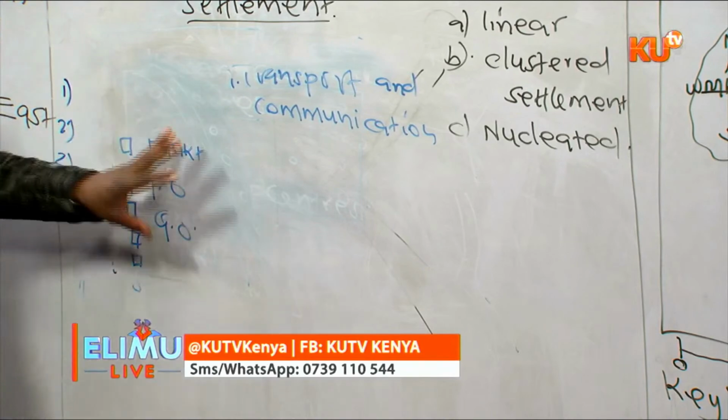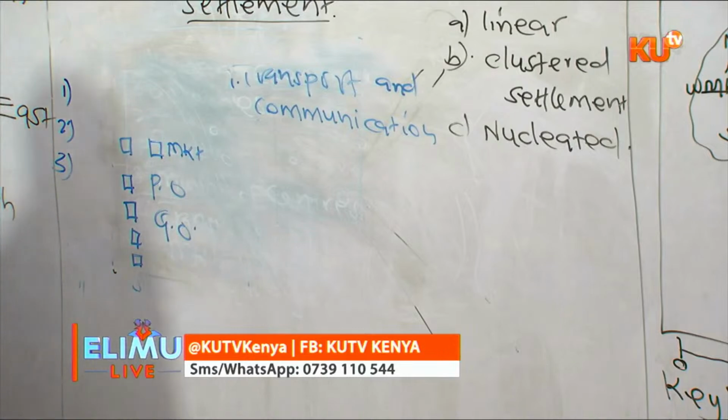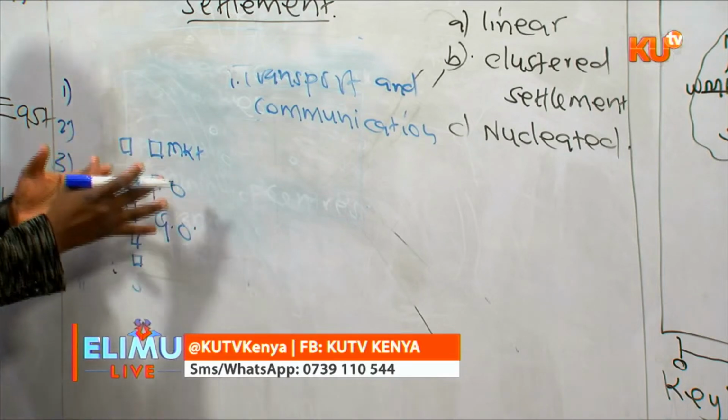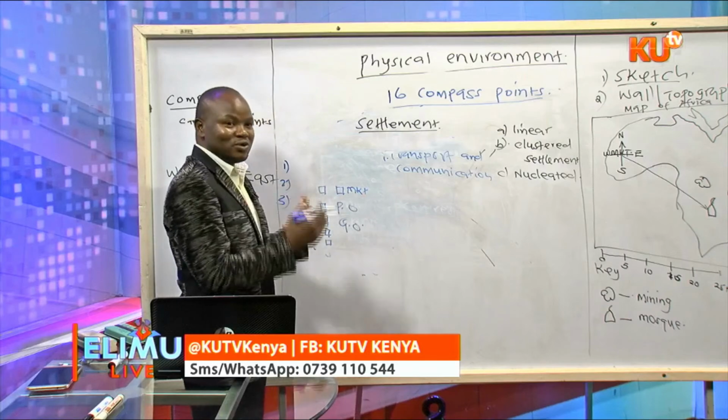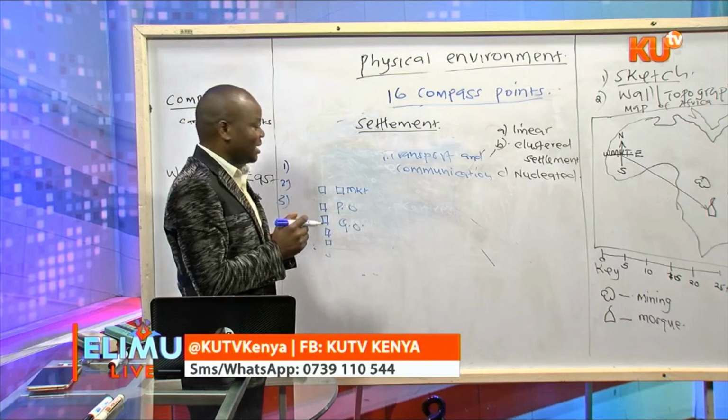So when you find people living around this area, what are the main factors that have facilitated this? One of the reasons can be social amenities. There are so many social amenities around this place. That is why you find people around this particular place.